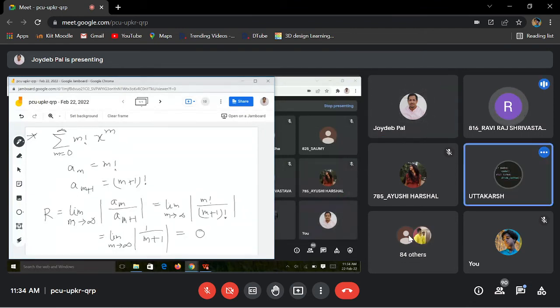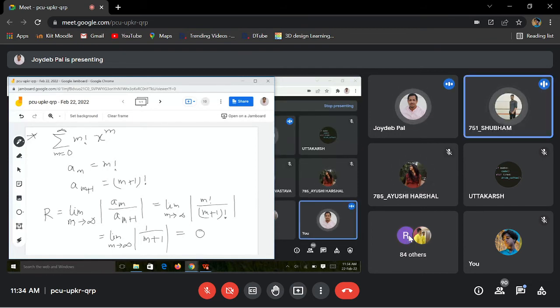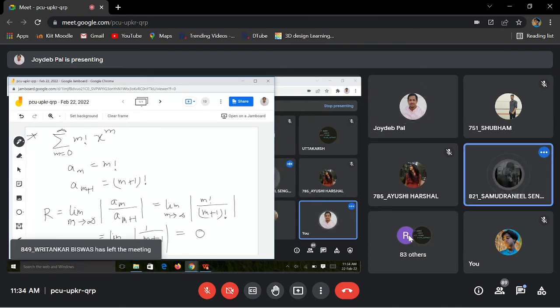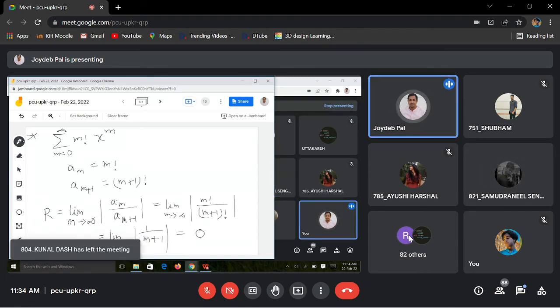Think. Yes, it will converge at zero only. The center is the point where the series always converges. I already told you that for the center x naught the series always converges. If you put x equal to 0, where 0 is the center, the summation becomes 0 and it converges. So for the value 0 only the series converges, and there are no other values.